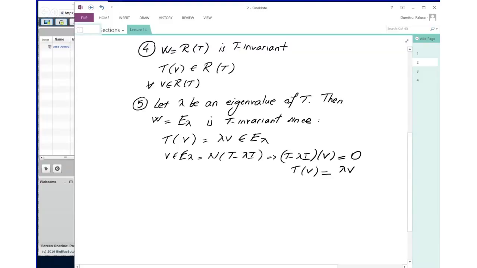W is T invariant, and it has a special name. It is called the T cyclic subspace of V generated by X.